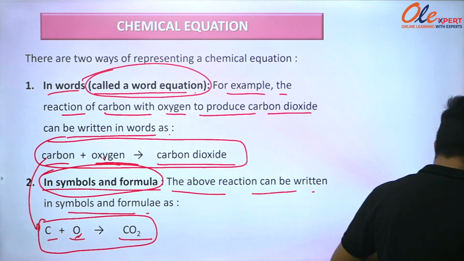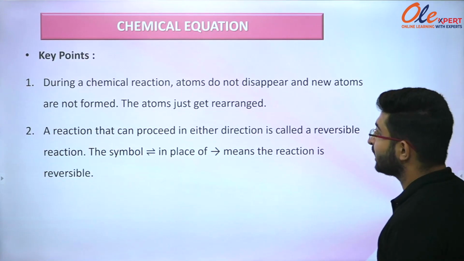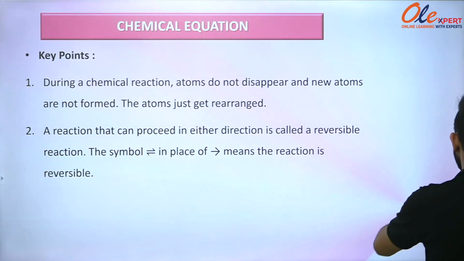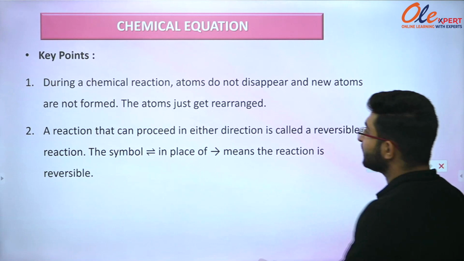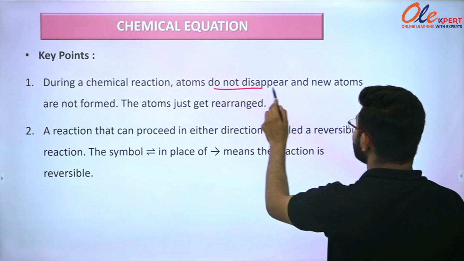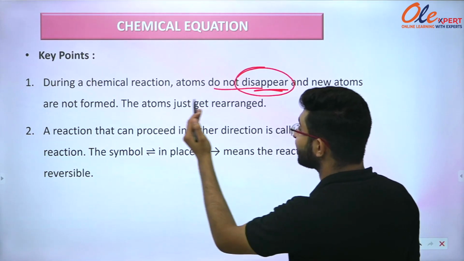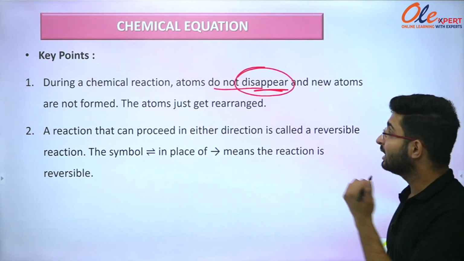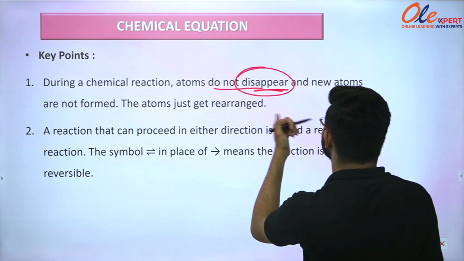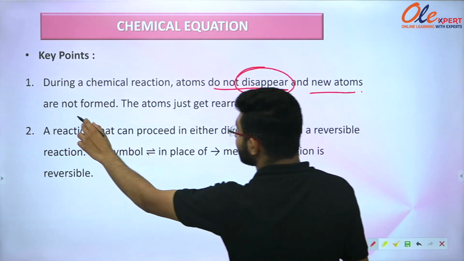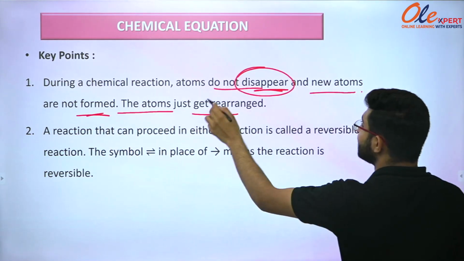Now we are moving further with some key points on your screen. The first point says that during a chemical reaction atoms do not disappear, and new atoms are not formed. The atoms just get rearranged.